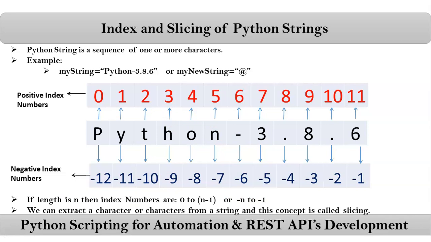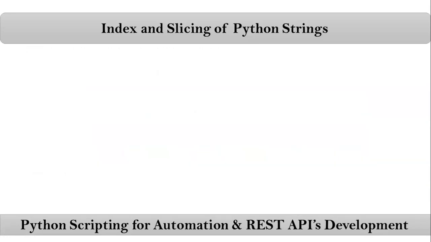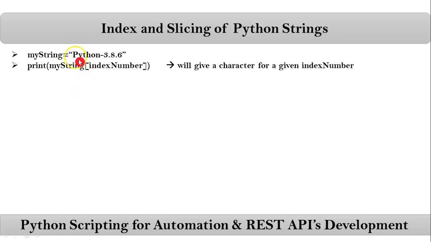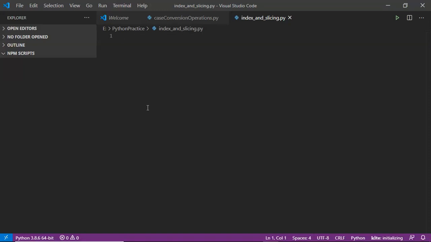That is nothing but slicing, or extracting from a given string. First let me go with how to get a particular character from a given string. Suppose I want to get the first character. The first character position is 0. Then if you print your string with square brackets 0, it will give the first character. Now let me go with practice so that you will get an idea.